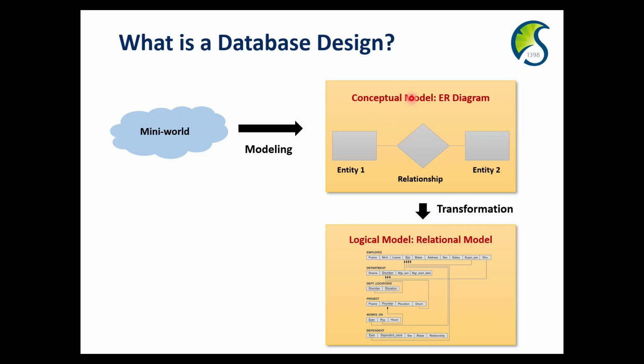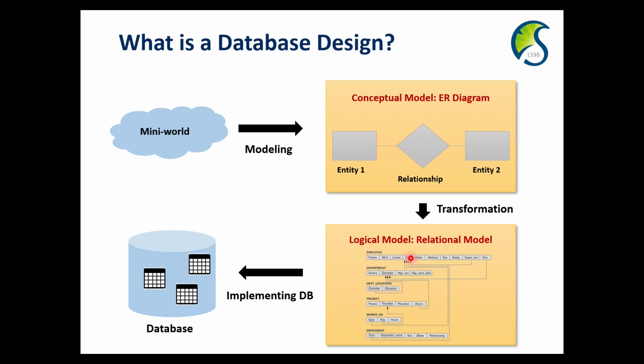So based on the conceptual model, we can generate the logical model, which is called the relational model. And finally, this logical model is stored in the database. This is the overall procedure of database design.